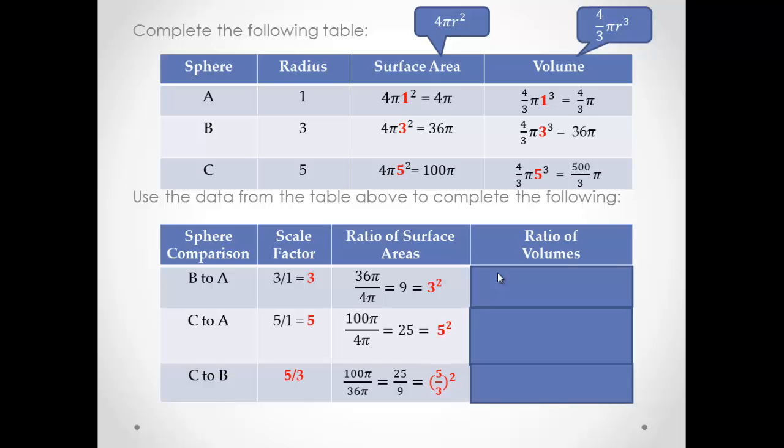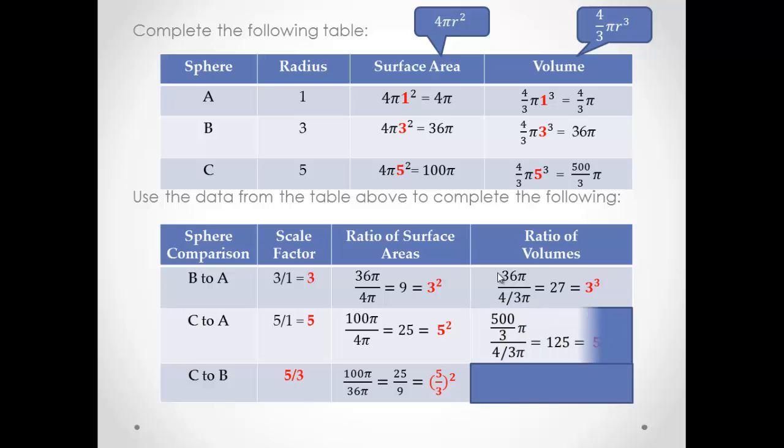Okay, so we'll see something similar when we look at the ratio of volumes. So we're comparing again, B to A. 36 pi over 4/3 pi is equal to 27, which is 3 cubed. So what we're saying here, when we're dealing with volume, three-dimensional objects, what we're dealing with is the scale factor cubed.